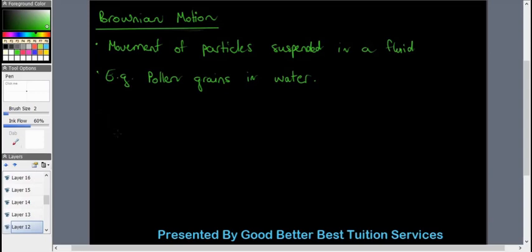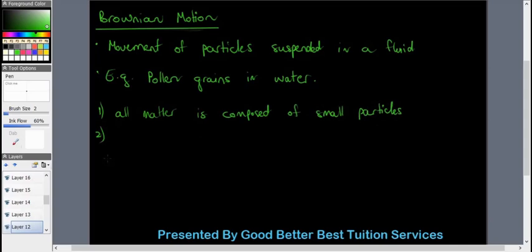So we can use Brownian motion to show that, one, all matter is composed of small particles. We can verify that assumption.